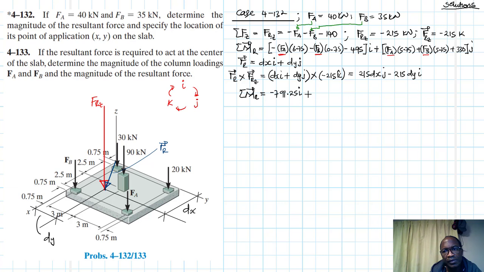okay, plus 40 by 5.75 plus 35 by 5.75 plus 330. So this gives us a 761.25j.